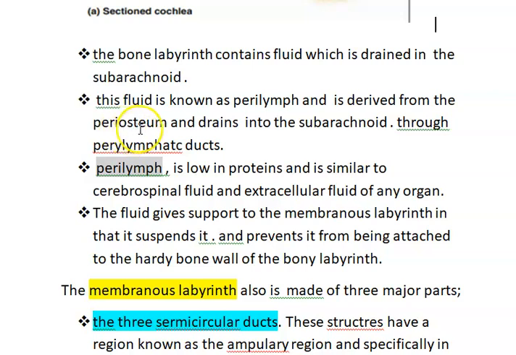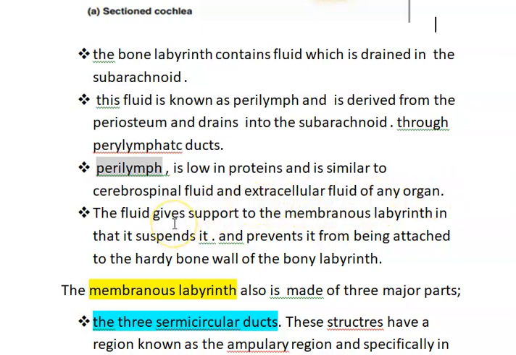So how does it come? It comes through the perilymphatic ducts, then drains into the subarachnoid space. Now this perilymph is low in proteins and is similar to the cerebrospinal fluid and also similar to the extracellular fluids of any organ.